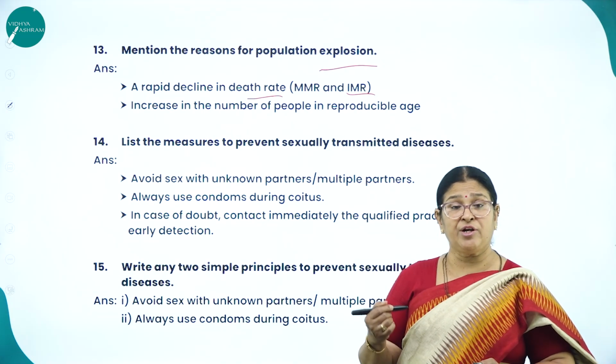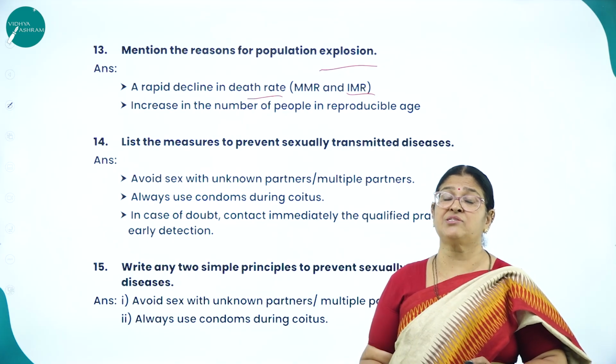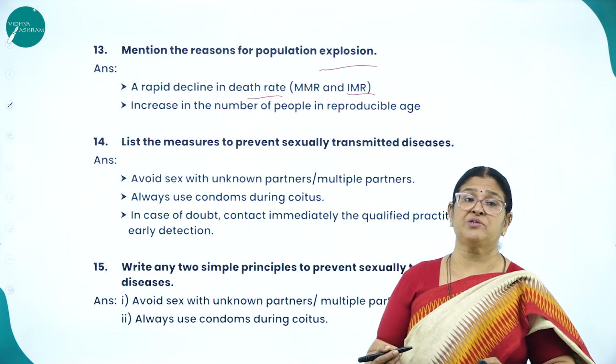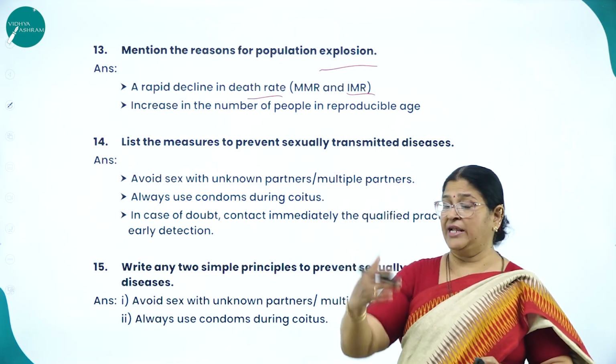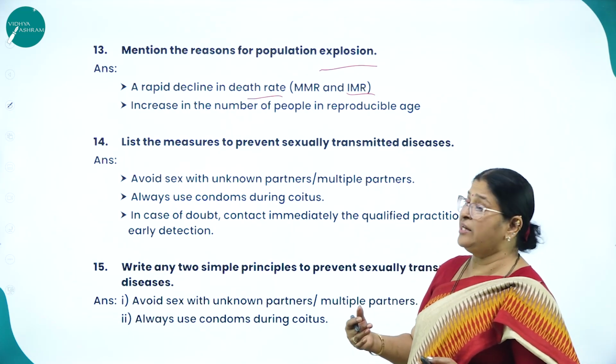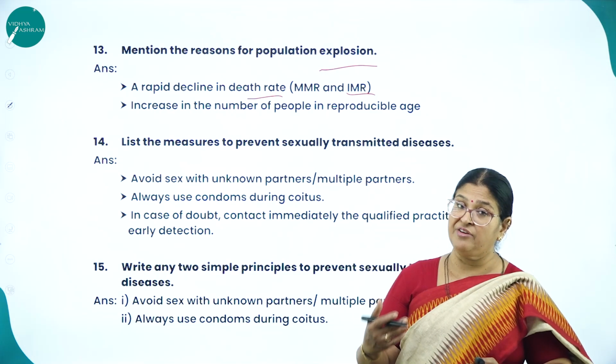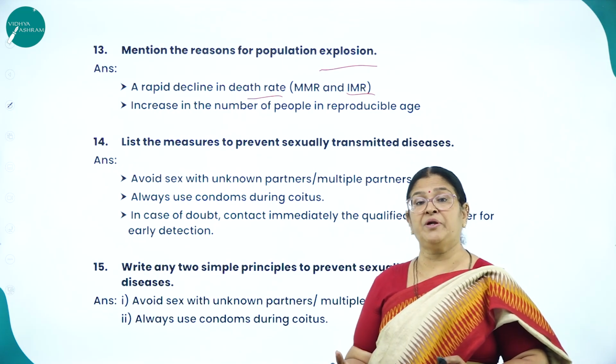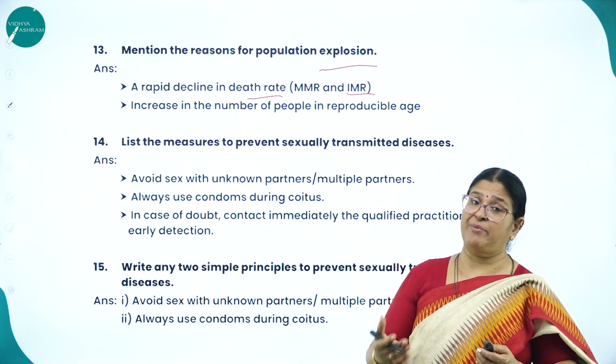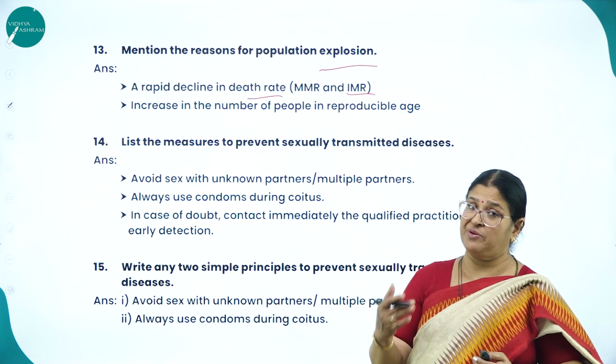We have very good hospitals and very good medicines to take care of a diseased person. So obviously the death rate has decreased, and even the pregnant woman is taken care of, and even after the delivery, the infant is taken care of properly. So nowadays, the death rate of mothers or infants has decreased.